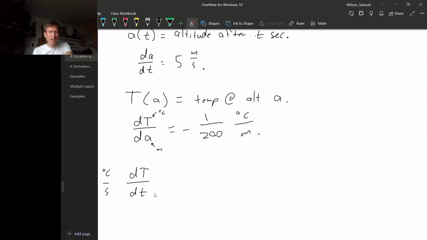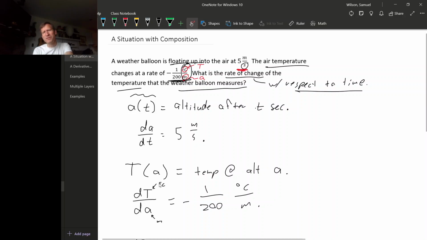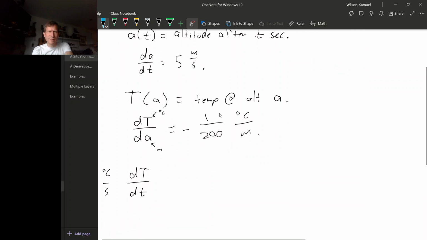This is the correct unit for a rate of change of the temperature with respect to time. But what is it? Well, intuitively, we have this sense that it's going to somehow be built out of these individual rates of change that we already have. If you think about the units for this rate of change, 5 meters per second, and this rate of change, degrees Celsius per meter, there should be some way of combining them to produce degrees Celsius per second.